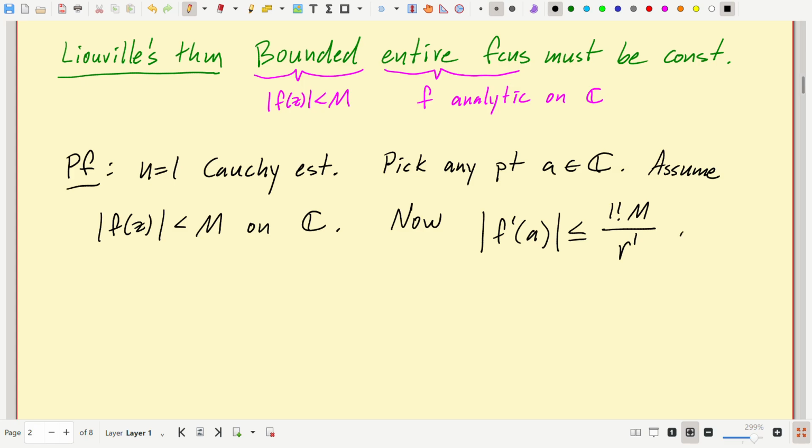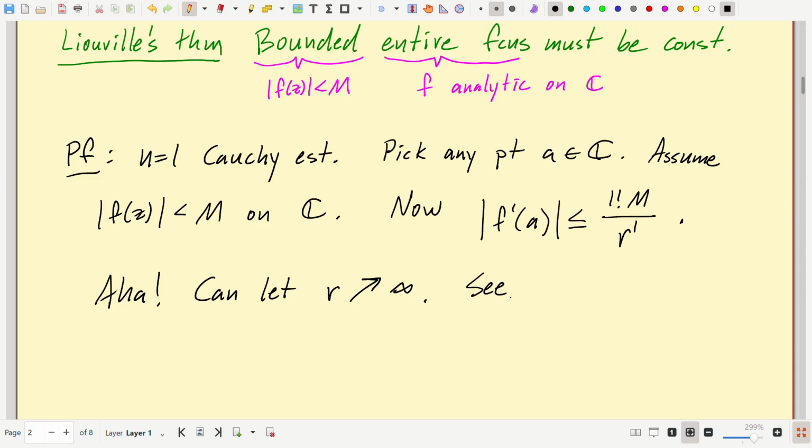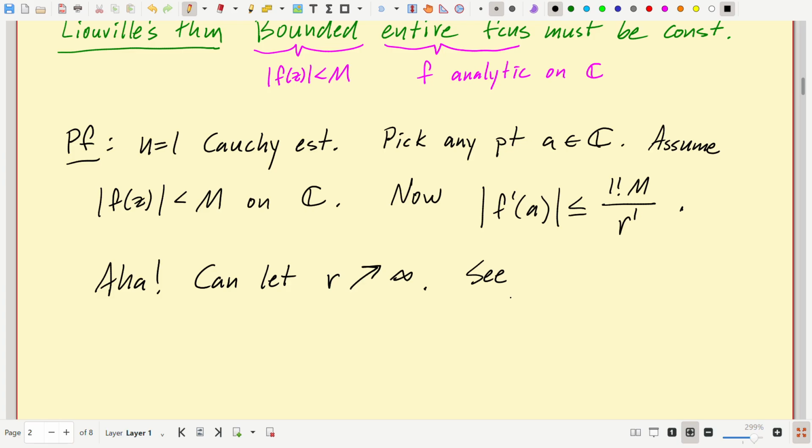So I can let r go to infinity, let it get arbitrarily big. And we see that f'(a) must be 0. It can't be less than any positive number, so the only case is that it has to be 0.